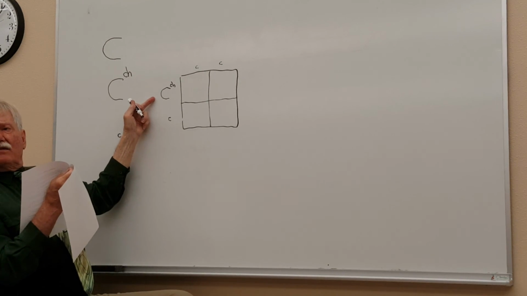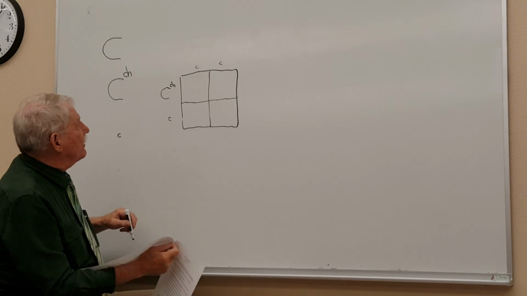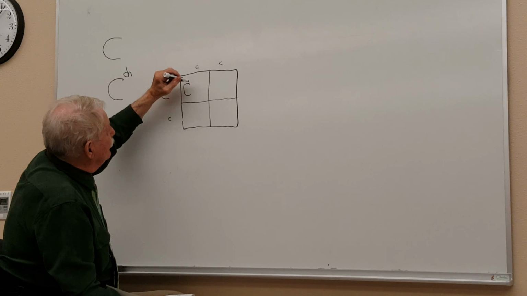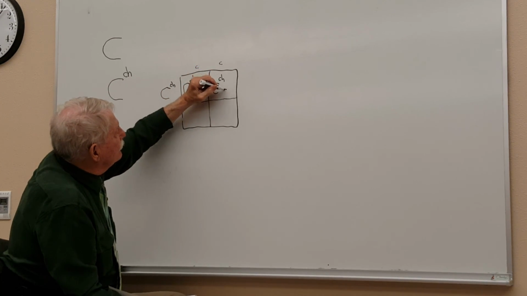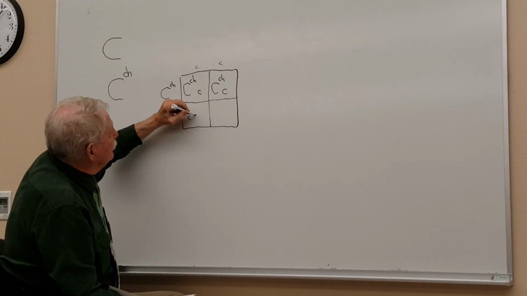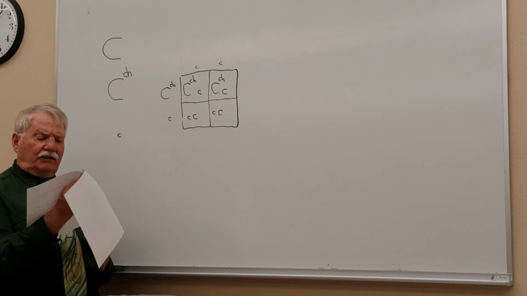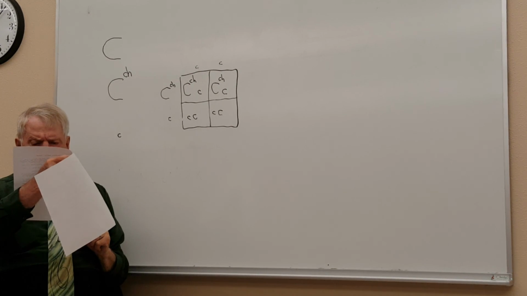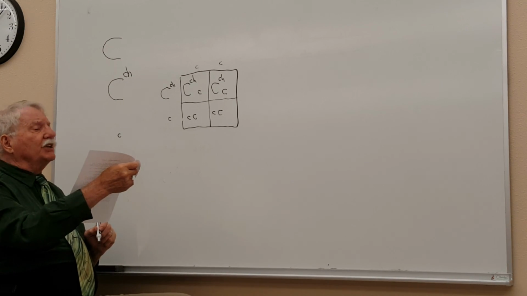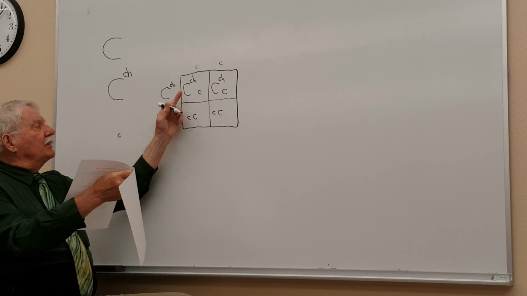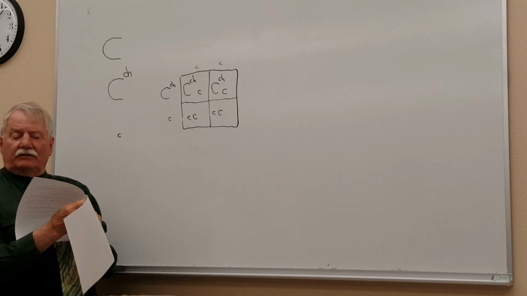Cause big C dominates over that. So we know what the genotypes of the two parents are, so we know that we're gonna get 50% white and 50% chinchilla. So what was the question? Okay, 50% chance that they'll get a chinchilla offspring, because chinchilla dominates over white. Okay?